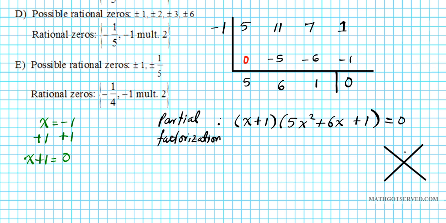AC is 5 and B is 6. 1 times 5, multiply to give you 5 and add to give you 6. So we have x plus 1 times, now we're factoring this right here, 5x squared plus 6x plus 1. We'll replace the 6x with the two numbers we got from our x game right here, 1x plus 5x.